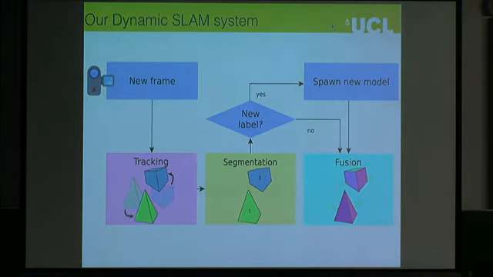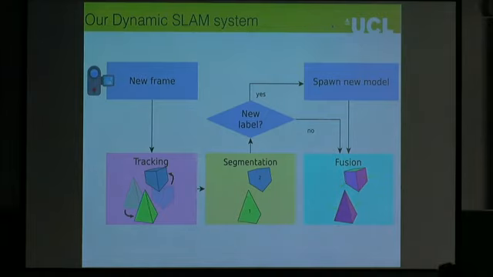In some ways the principle is quite simple. Every time we acquire a new frame, this is a real-time system, we track the objects that we are currently tracking in our system, and we perform some type of segmentation. The nice thing is that this segmentation can be semantic segmentation, it can be segmentation based on motion, so motion segmentation, it can be based on surface normals, so geometric segmentation.